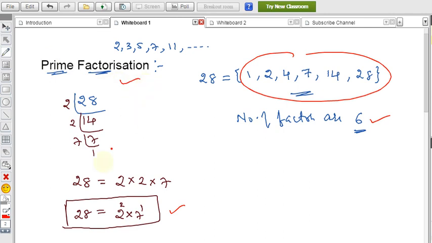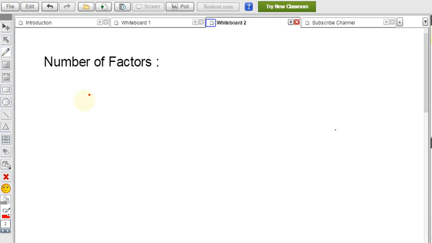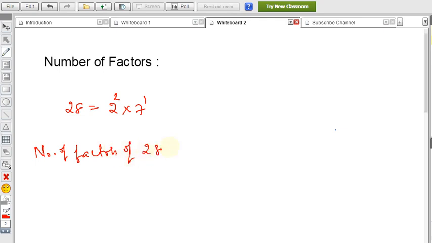I have done it already. Now 28 is equal to 2 power 2 into 7 power 1. So 28 is equal to 2 to the power 2 into 7 to the power 1. Now directly the number of factors of 28.